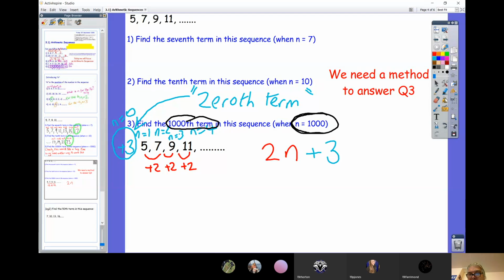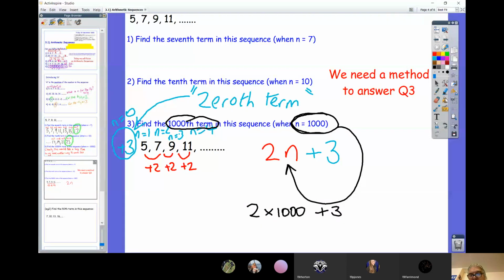Good. So we go and take that 1000 and we plonk it into this expression. What does 2n mean? Poppy. Good. So we're going to do 2 times 1000, and then we're going to add on 3. What's 2 times 1000? 2000. And then adding on 3. 2003.